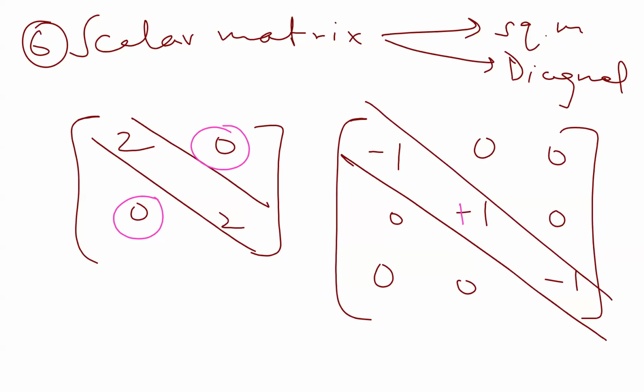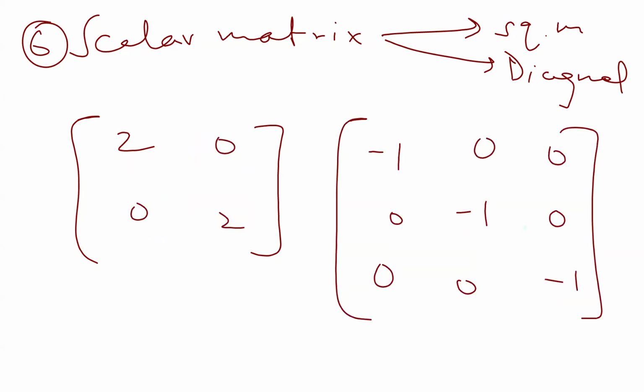It is only a diagonal or a square matrix. The diagonal elements have to remain the same, then only it is a scalar matrix. In a scalar matrix, the signs should be the same as well as the numbers.